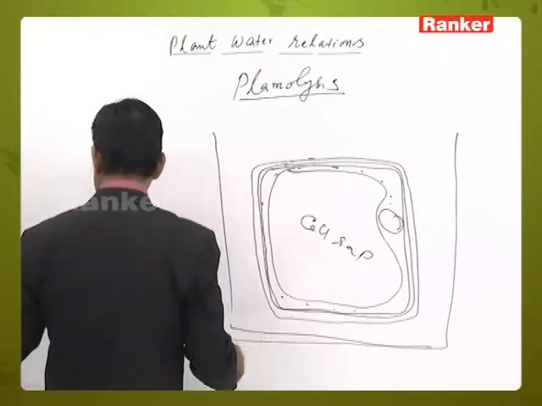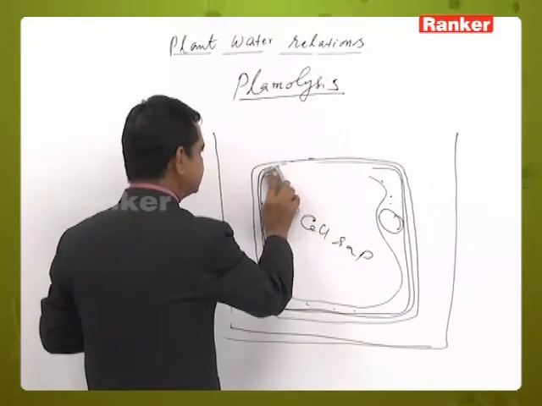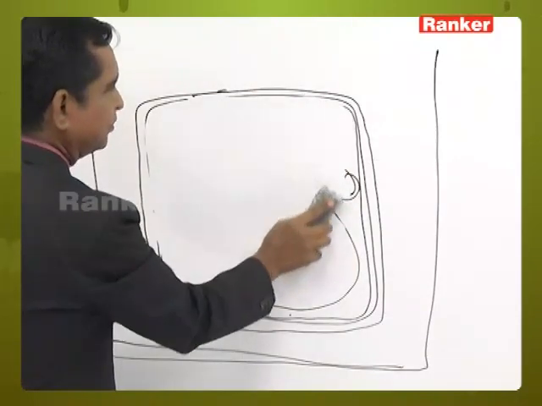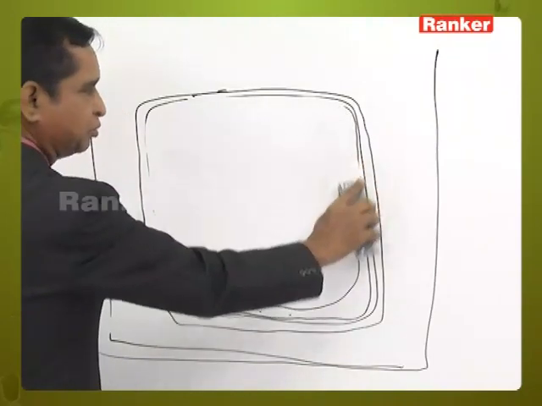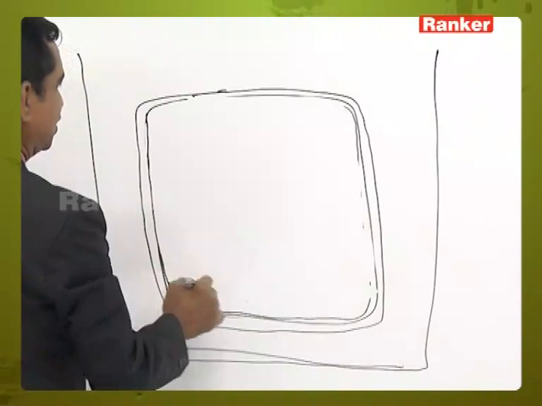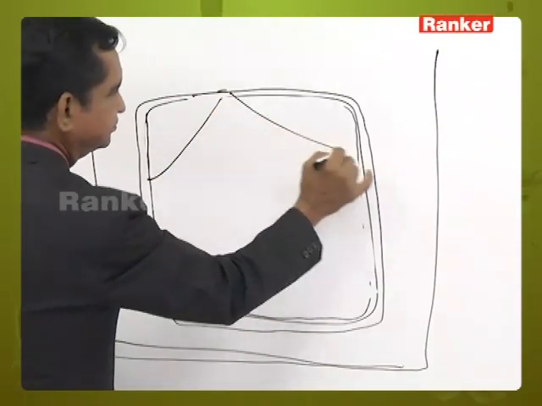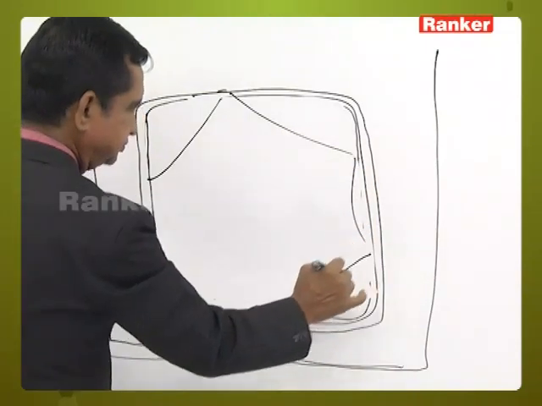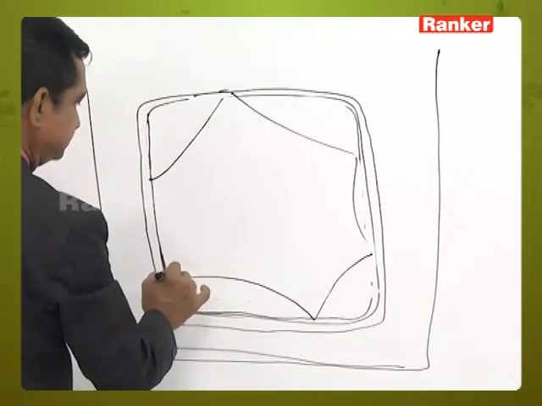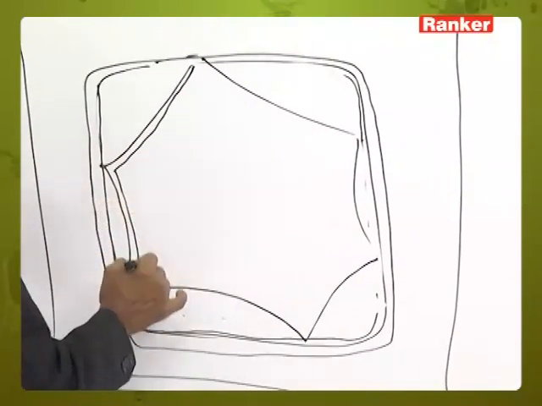The protoplasm shrinks. Then what happens to the protoplasm? The plasma membrane is a part of the protoplasm, and that protoplasm separates from the cell wall. This is plasma membrane.